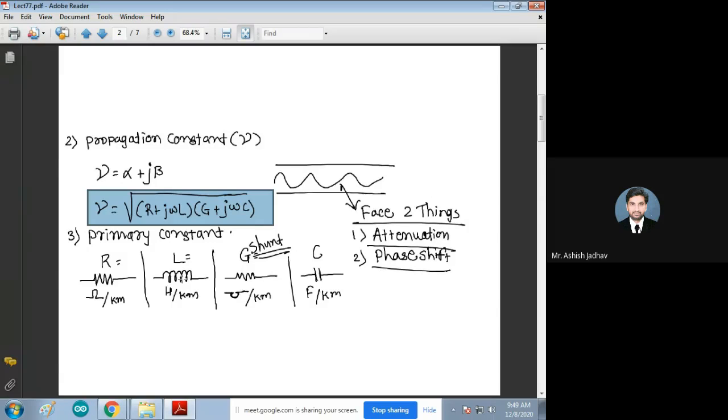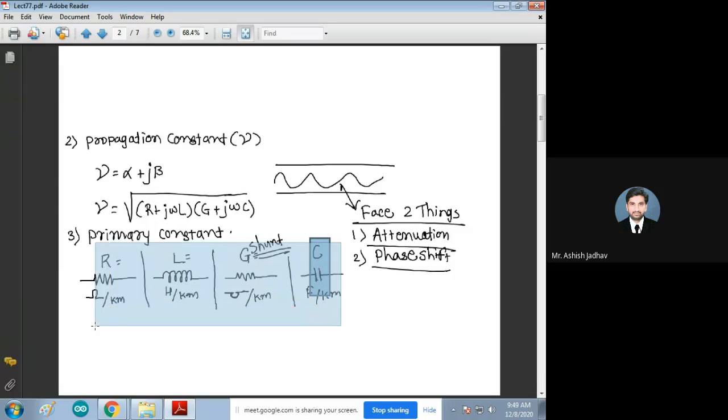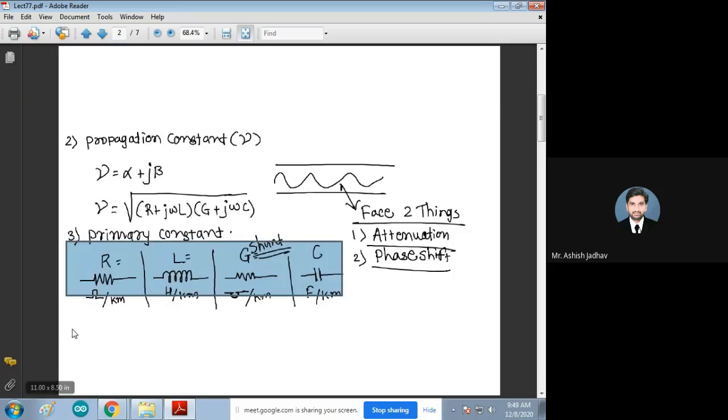Then next is primary constants. R is resistance, L is inductance, G is conductance, and C is capacitance. These four parameters are referred to as primary constants.